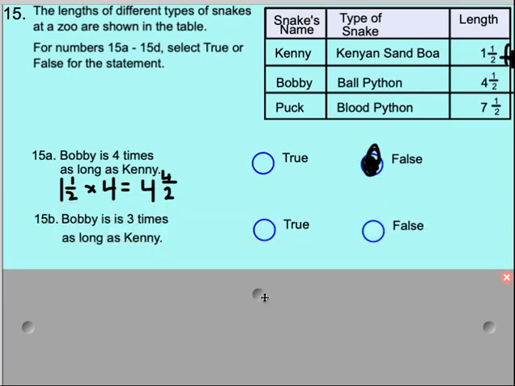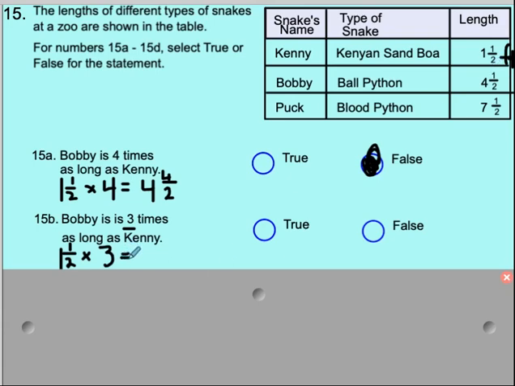All right, number 15B. Bobby is 3 times as long as Kenny. So if you do 1 1/2 times 3, because Kenny is 1 1/2 feet long, and we're trying to figure out if Bobby's 3 times that amount, so we'll just do times 3. We'll see if we get the 4.5 feet. If we do, then it's going to be true.